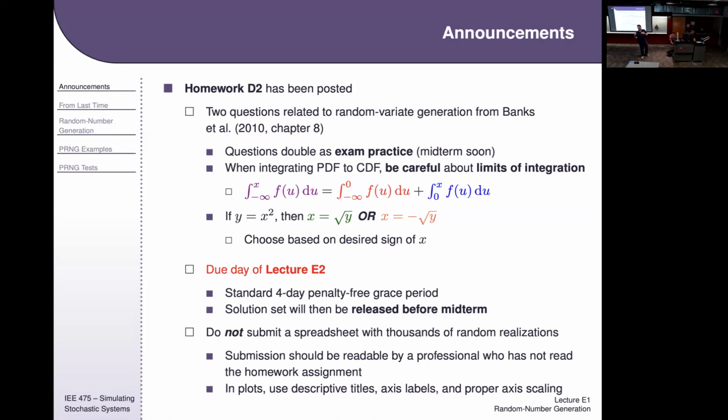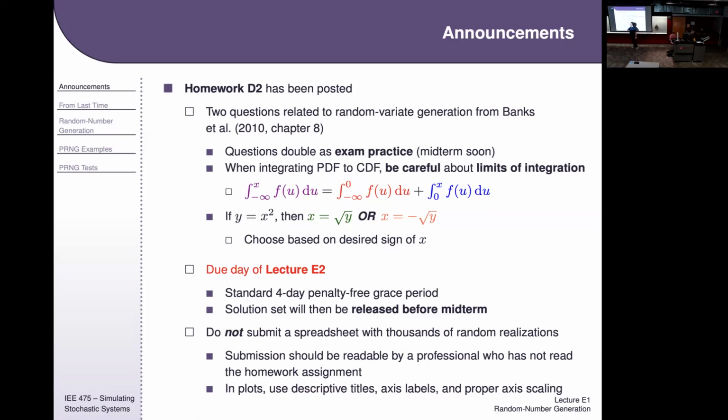So if you're doing an inverse CDF to generate a random variable that is negative in that area, then you have to say, did I choose the right sign to make sure that random variable is negative? Or it might be just the way the form works, you have to choose the positive version in order to make the whole random variable negative. But you have to just keep in mind, what is my range that I'm shooting for?